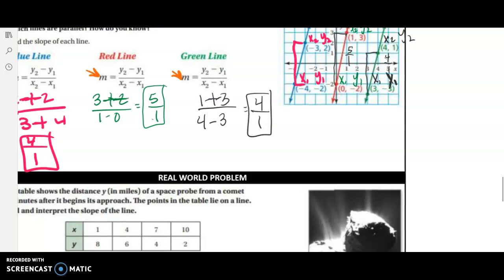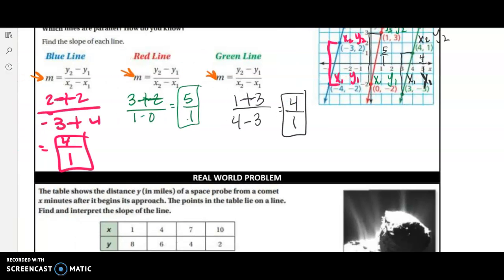And so since this one is 5 over 1 and the other two are 4 over 1, this one is actually not parallel. It has a different slope than the other two.